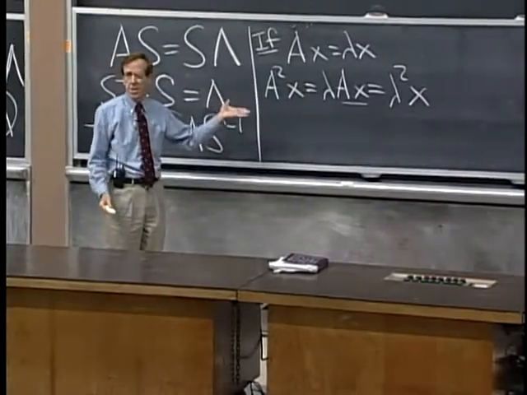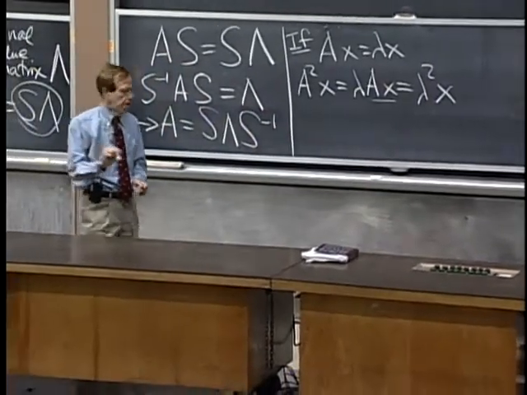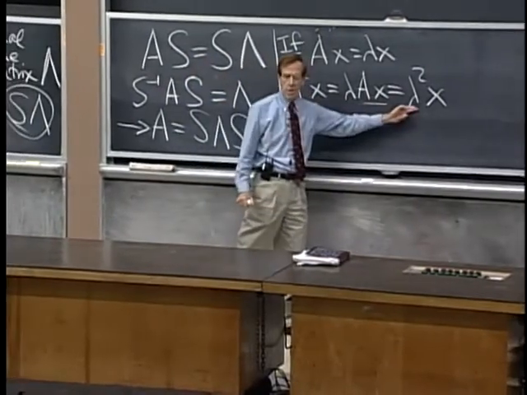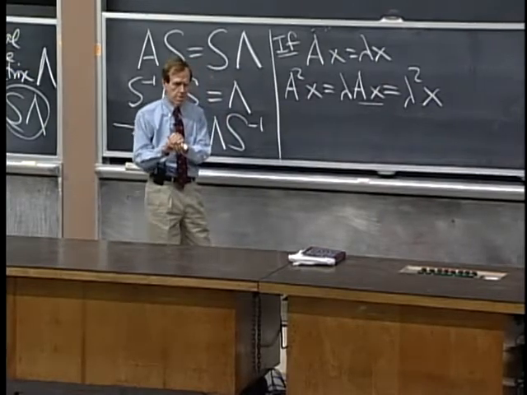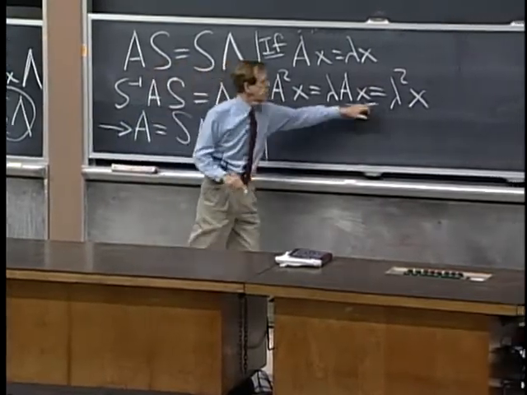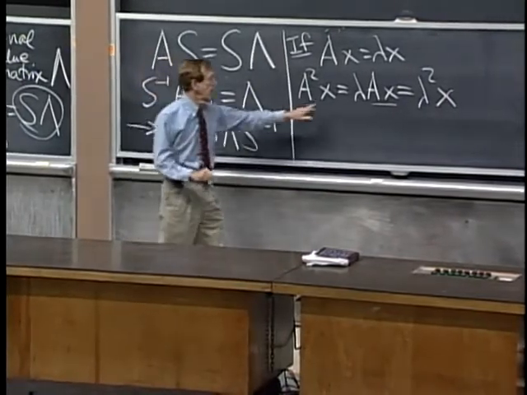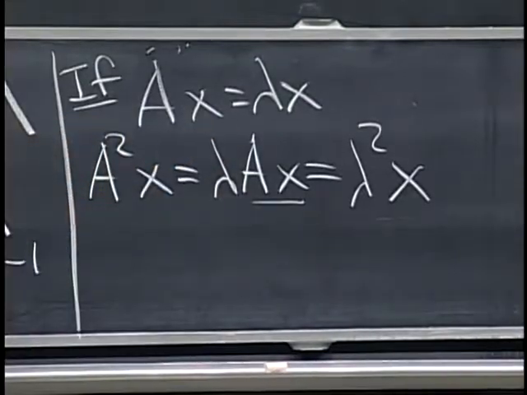So from that simple calculation, my conclusion is that the eigenvalues of A squared are lambda squared. And the eigenvectors, I always think about both of those. What can I say about the eigenvalues? They're squared. What can I say about the eigenvectors? They're the same. The same x as for A.